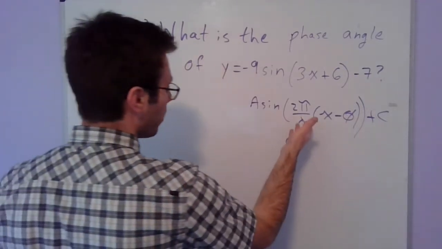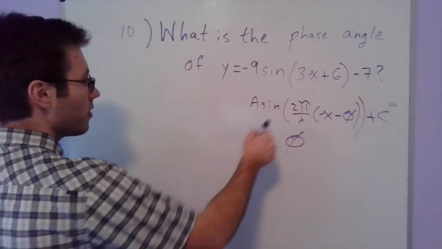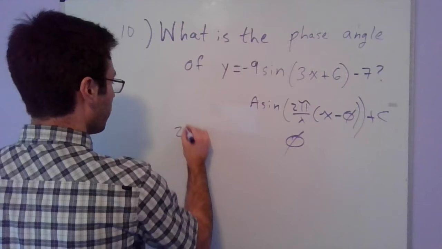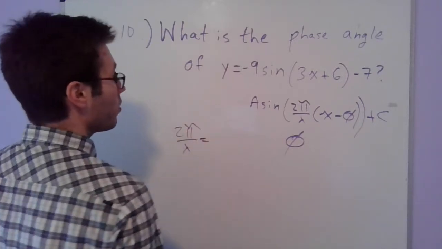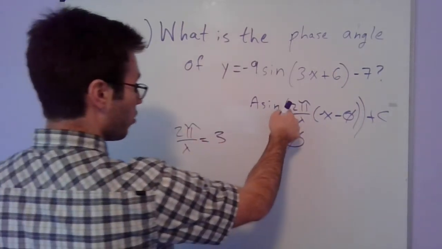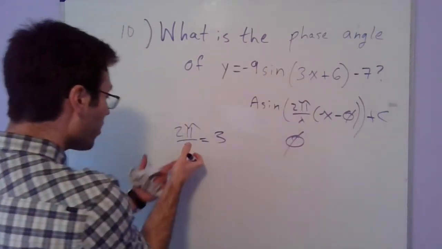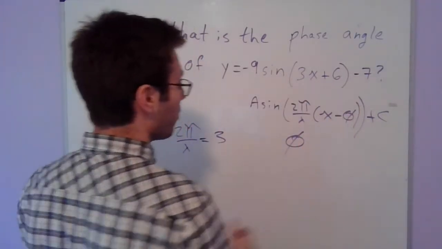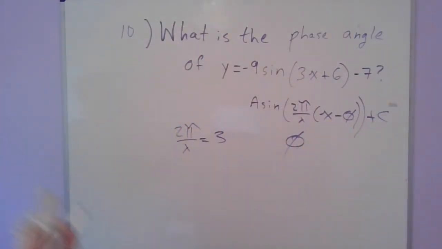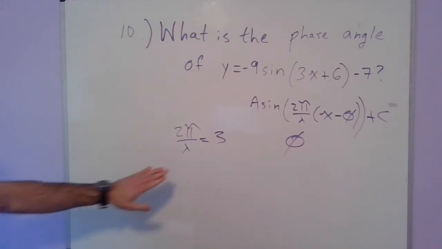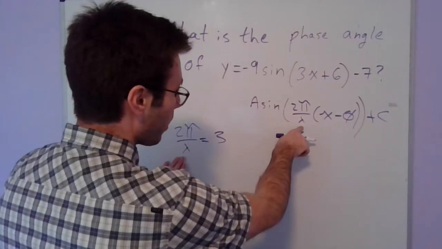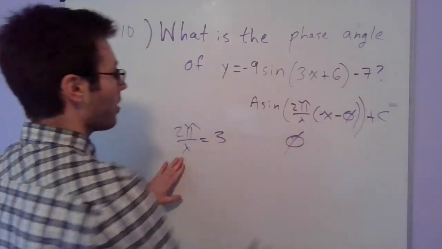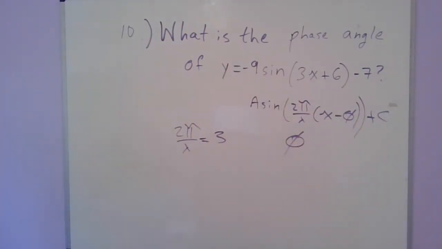You could try and set 2 pi over lambda equal to 3, figure out what lambda is, and then try and figure out what phi is. But the problem is that if you figure out what lambda is, you plug it back in, you're still going to be left with that leftover at the end of the day.